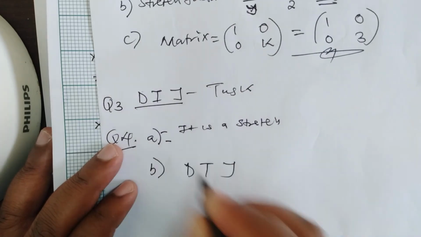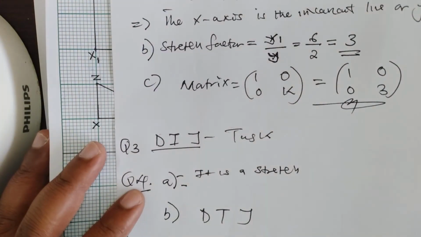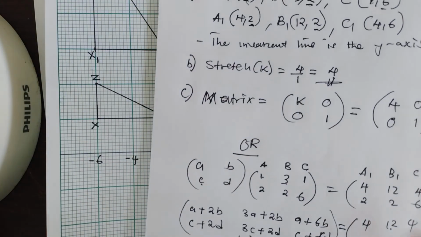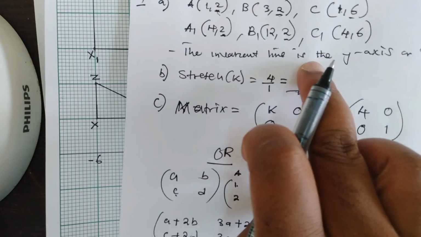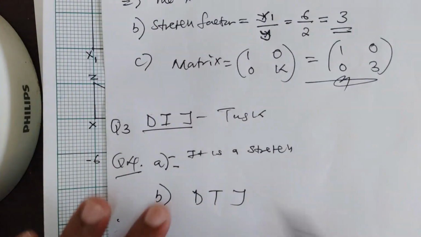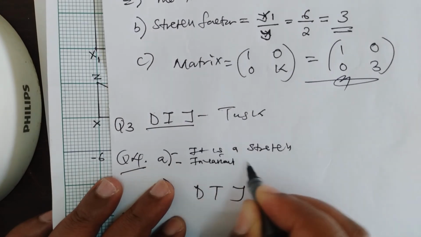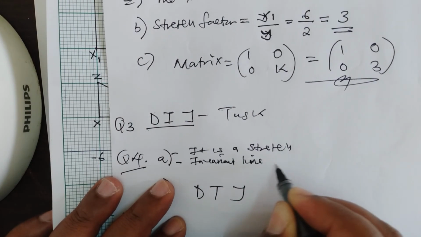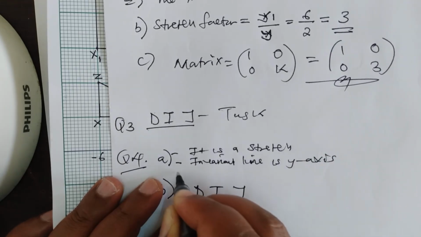What else do you need? You need to state the invariant line. If you remember what we did in question 1, we already found that the invariant line is the y-axis. But if you are doing it for the first time, you are supposed to find the invariant line. So in this case, the invariant line is the y-axis.